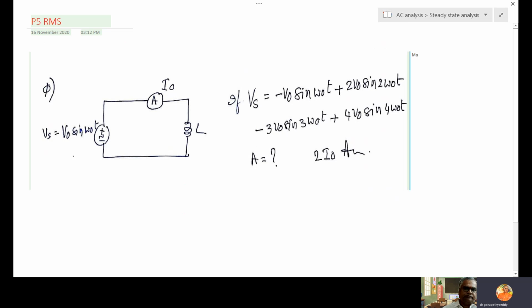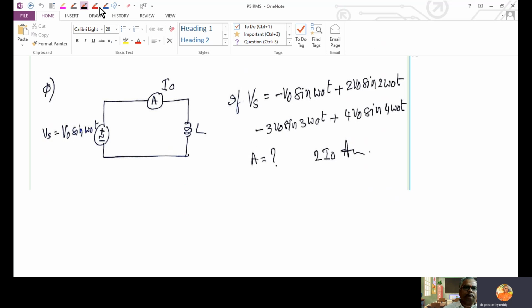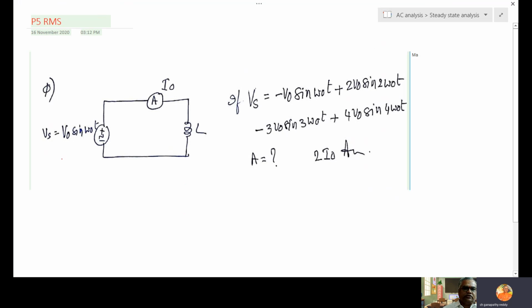It is an AC source, so the AC ammeter will obviously read RMS. So this I naught is by default RMS. A single inductor is connected, and the ammeter will read the RMS current I naught. Single AC source, single inductor, one ammeter. It reads the RMS of I naught.